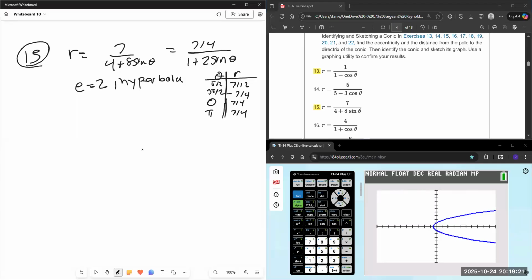So those are some kind of funky numbers there, but let me see what I can do.